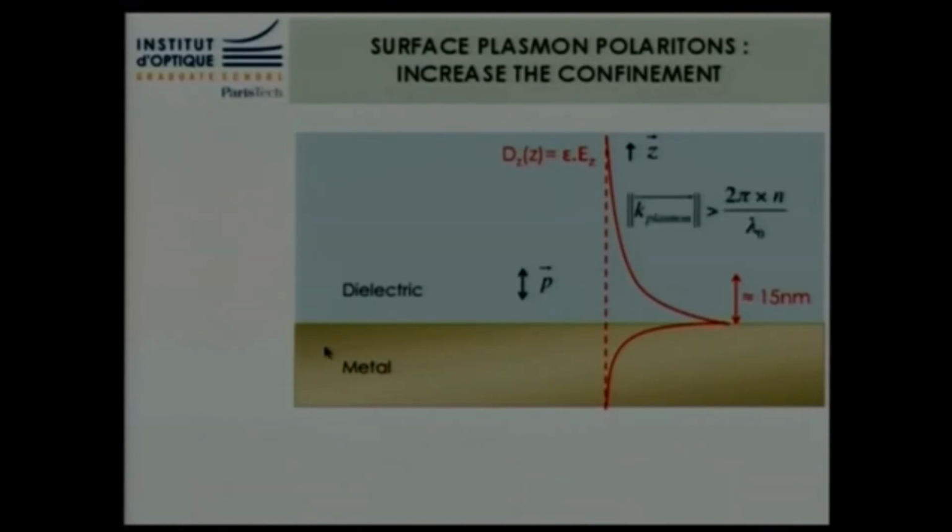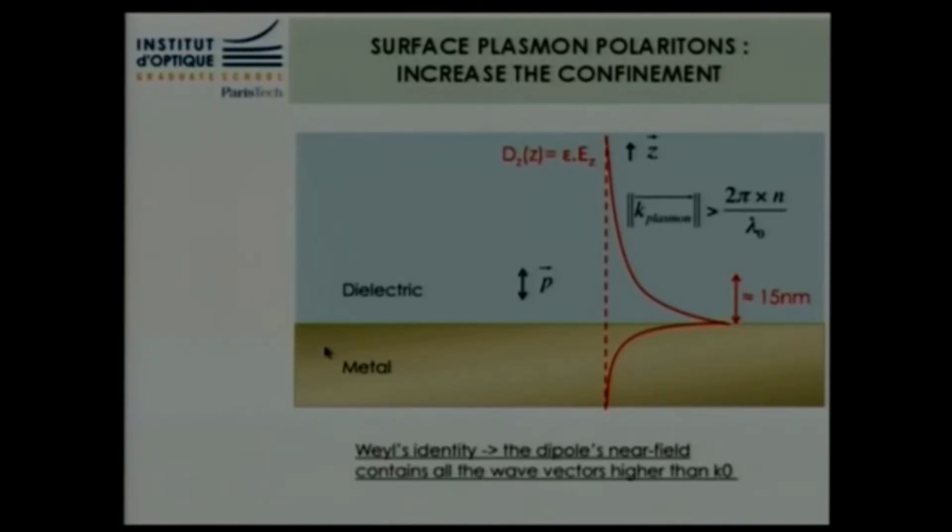And those surface waves have a higher wave vector than the one of propagative modes in the bulk of the dielectric, which means that we need to use some tricks to couple to plasmonic modes. And it works for a dipole close to the interface, because the near field of the dipole can be seen as a sum of evanescent waves with very high wave vectors. The match of wave vectors can apply.